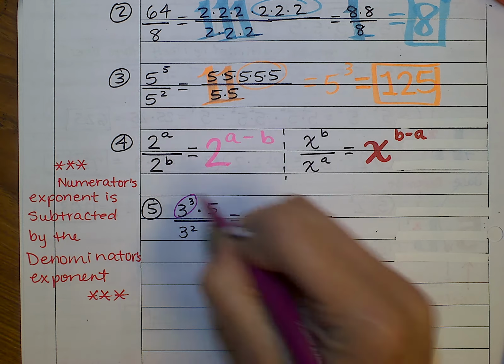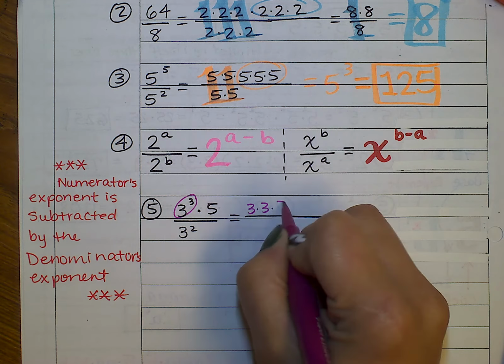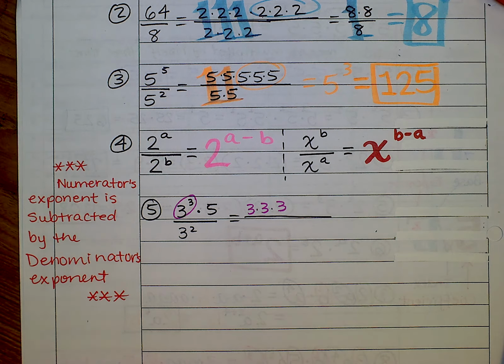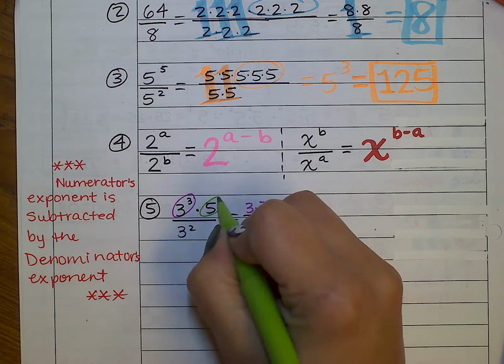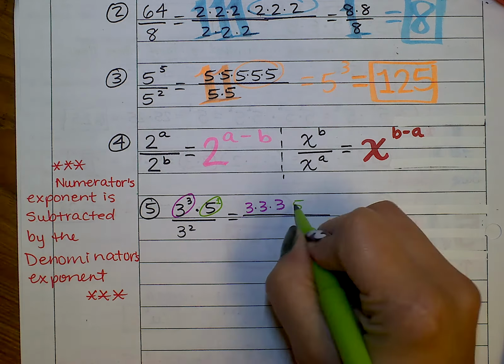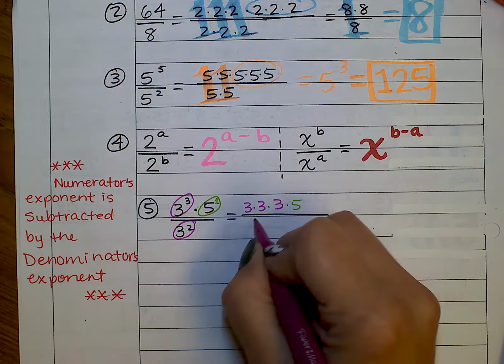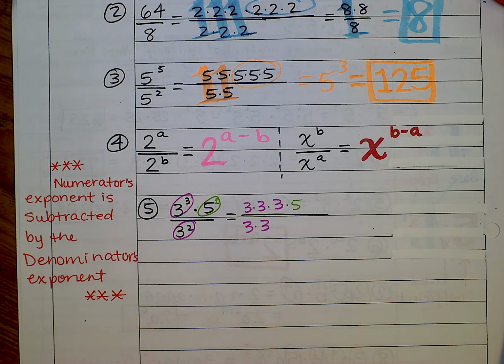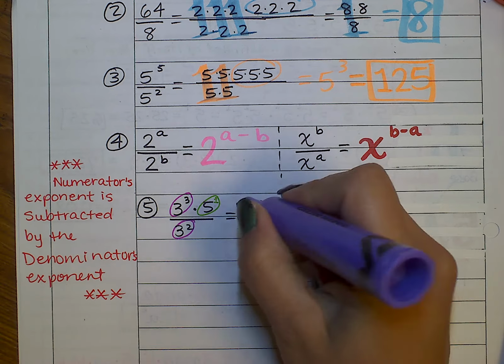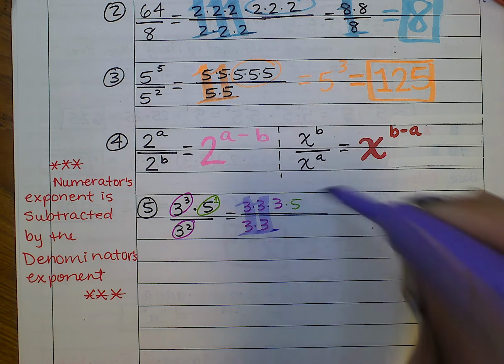And I have 3 times 3 times 3, and a 5, just 1. But then here I have 3 times 3, that's 3 squared. So, well, obviously, these 3's reduce to 1.